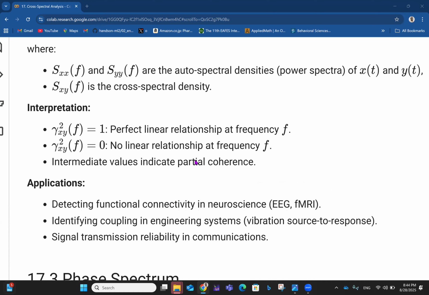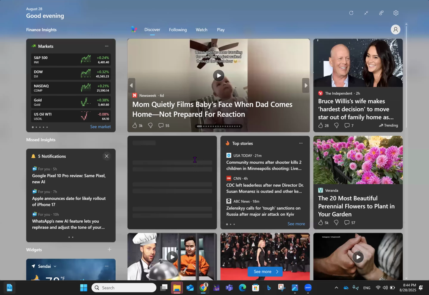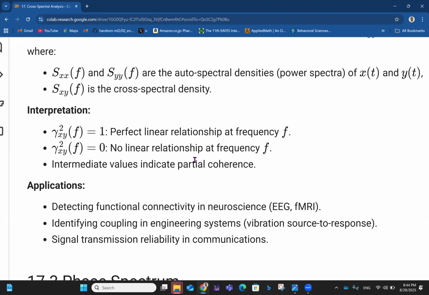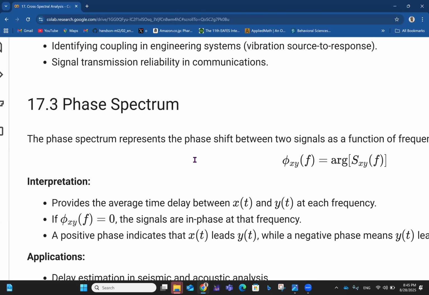For applications, this is really good for detecting functional connectivity in neuroscience, such as EEG and fMRI, identifying coupling in engineering systems, such as vibration source to response, and signal transmission reliability in communications.